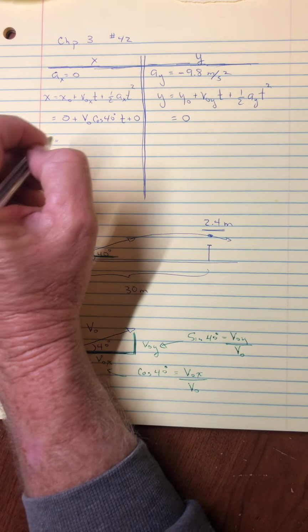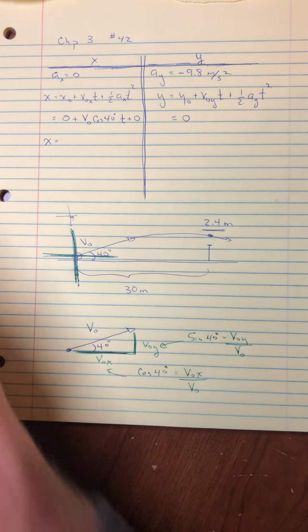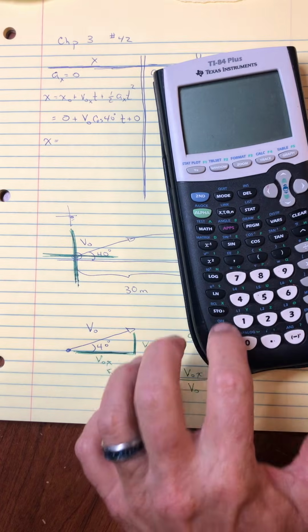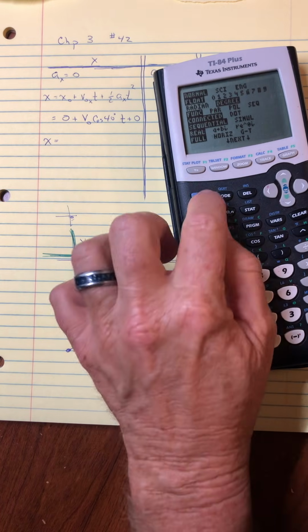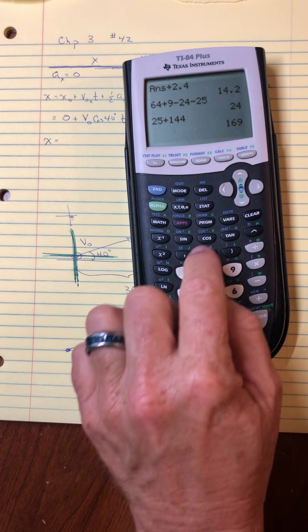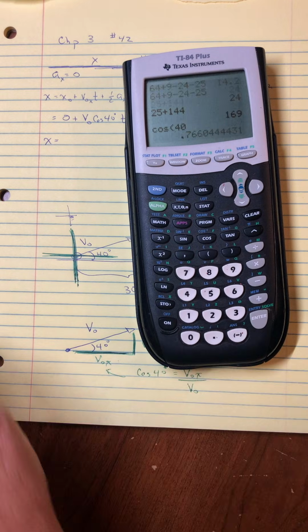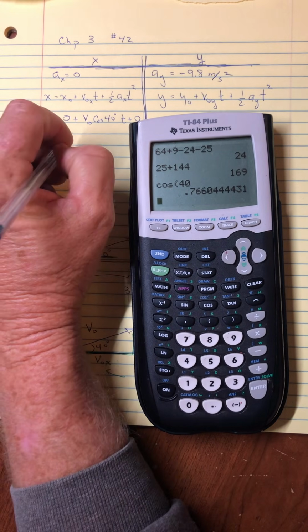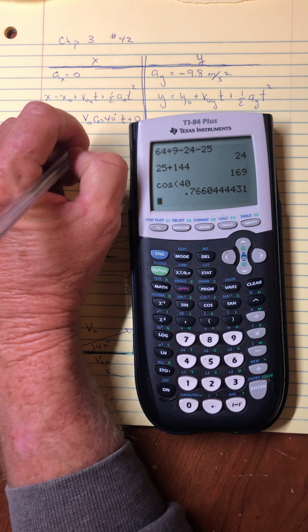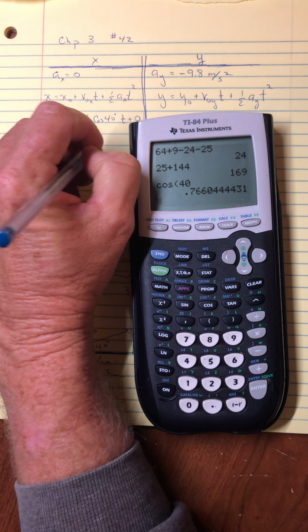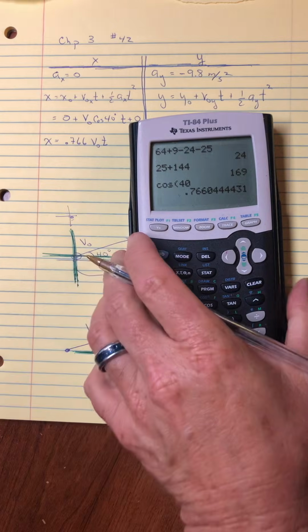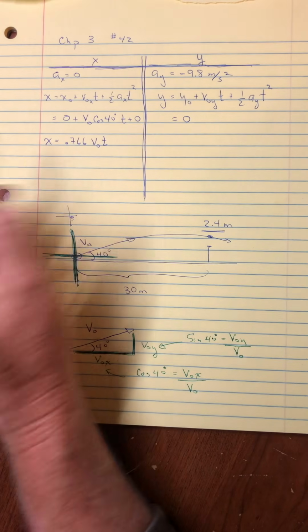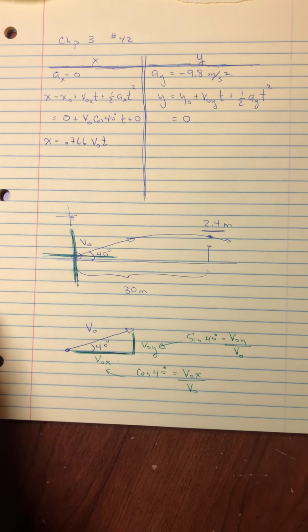So maybe simplifying what I have so far, and going cosine of 40 degrees, I will put in the number 0.766 initial velocity times time equals x.